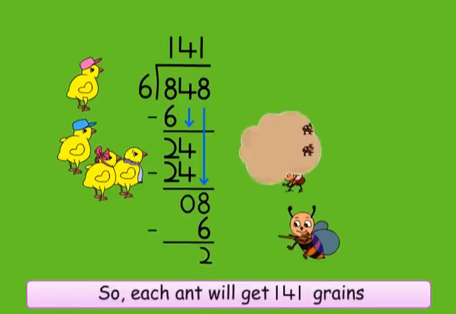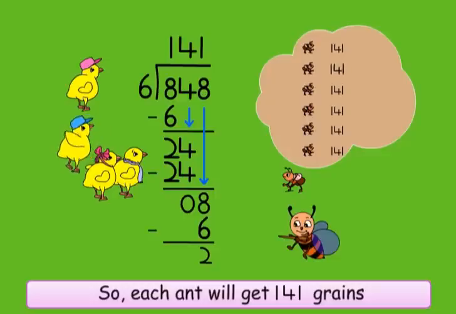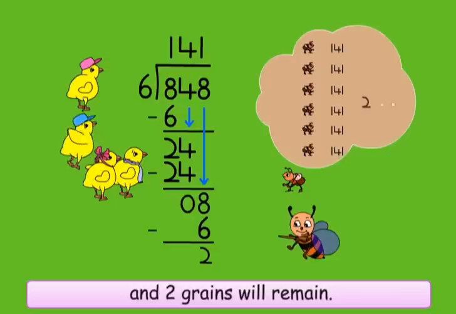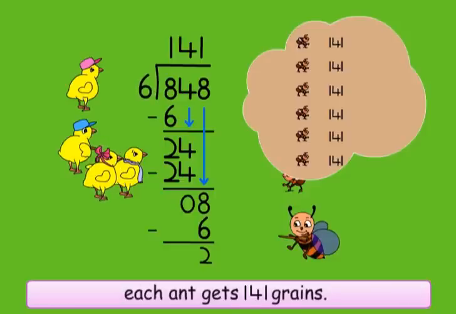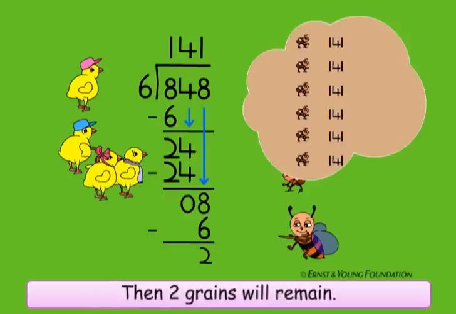So, each ant will get 141 grains and 2 grains will remain. So, when we divide 848 grains between 6 ants, each ant gets 141 grains. Then 2 grains will remain.